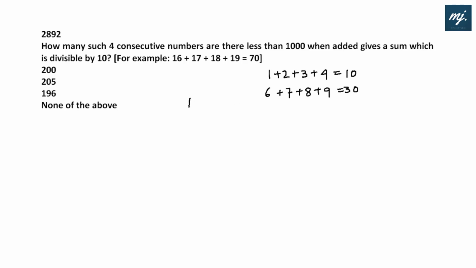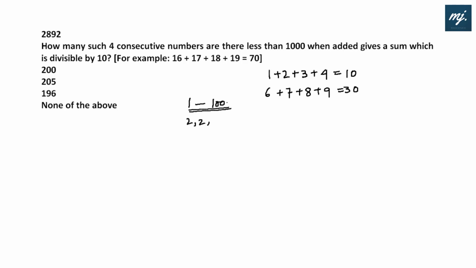So between 1 to 100, let's see how many such sets there are. From 1 to 10 we have got 2 sets. Similarly, from 11 to 20 we will again have 2 sets, 11, 12, 13, 14 and 16, 17, 18, 19. Again from 21 to 30, we will have 2 sets.